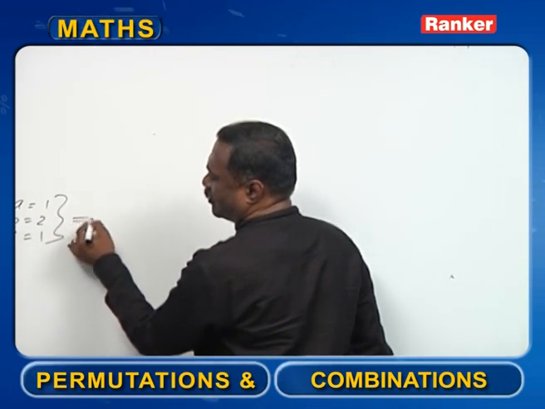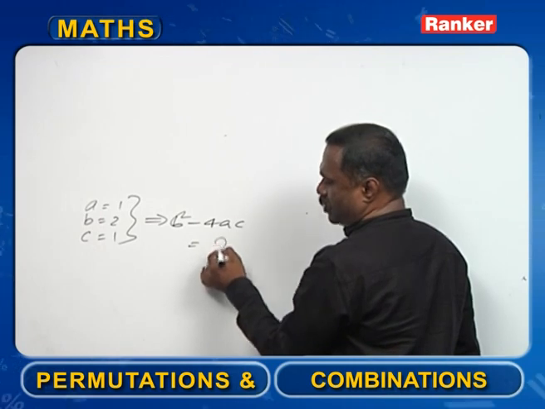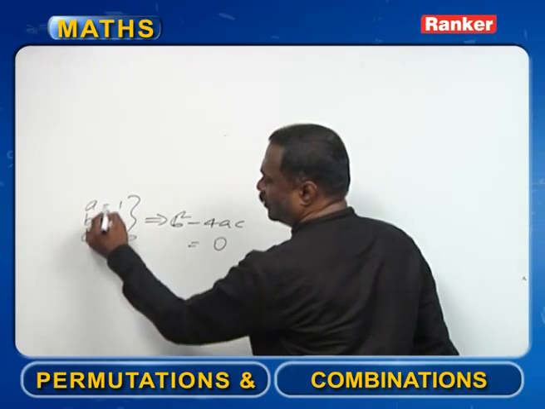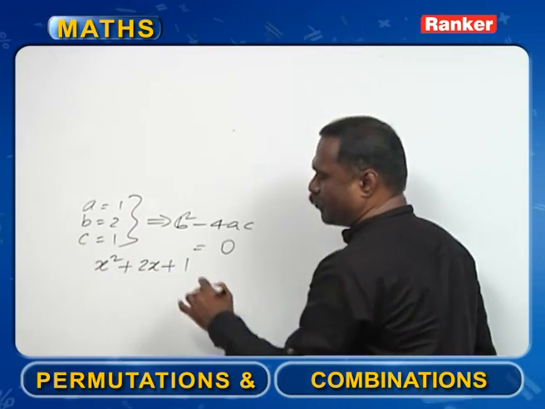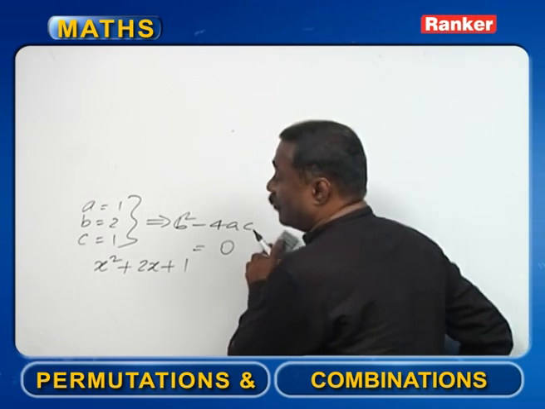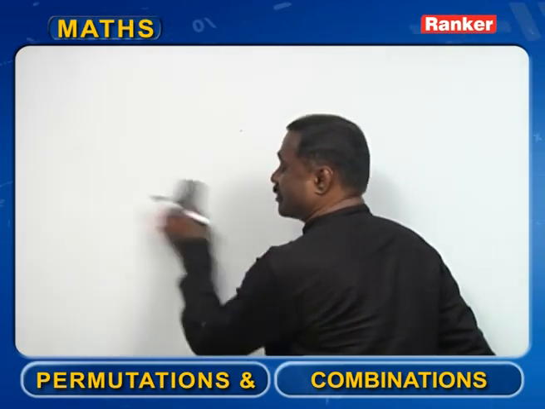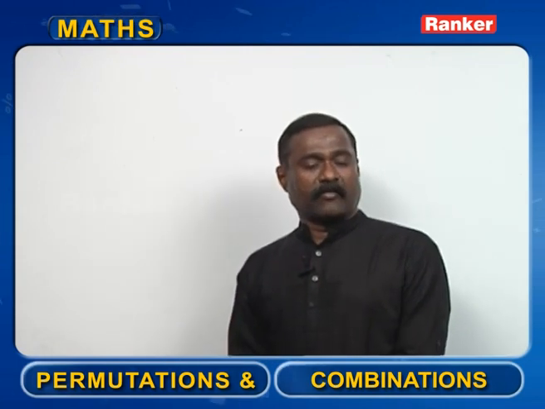In this case, B square minus 4AC becomes 0. So what should this expression be? X square plus 2x plus 1. You count such expressions, and see how many such expressions will be there touching the x-axis. So come to the next question.